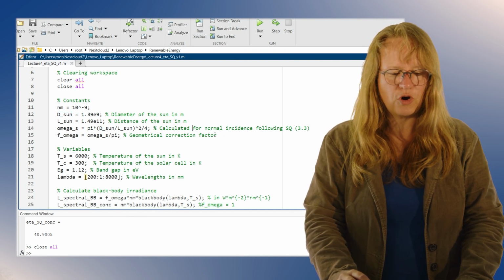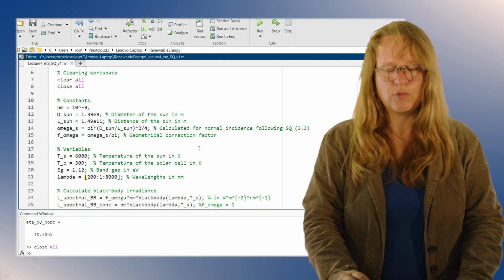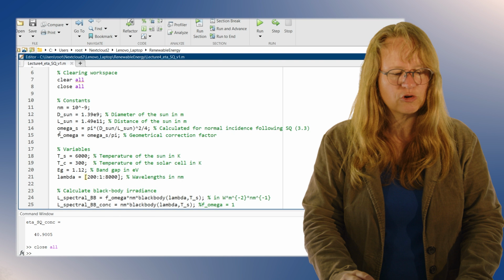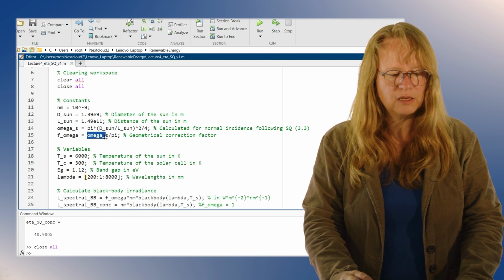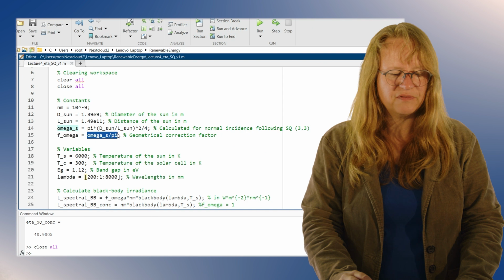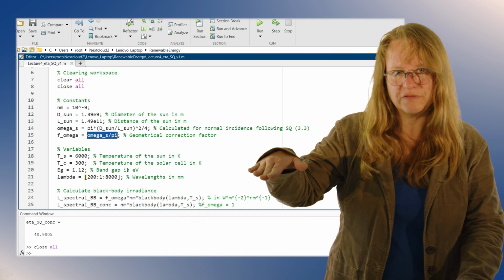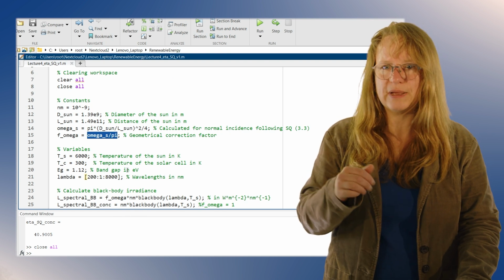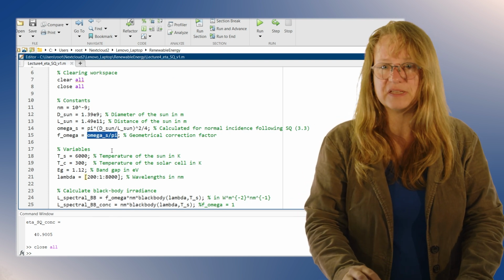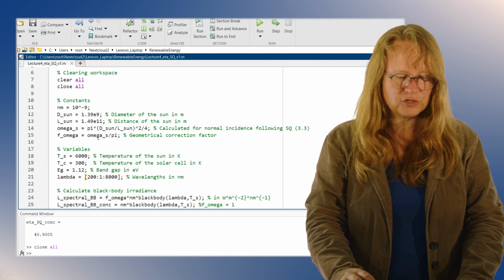And then this formula is actually also from the Shockley-Queisser paper, equation 3.3. And then the correction factor is given by the solid angle omega s of the sun divided by pi for a flat surface. And this argument you can also find in the Shockley-Queisser paper of why that is the case, or how they come from there. Okay, so then we have the correction factor calculated.